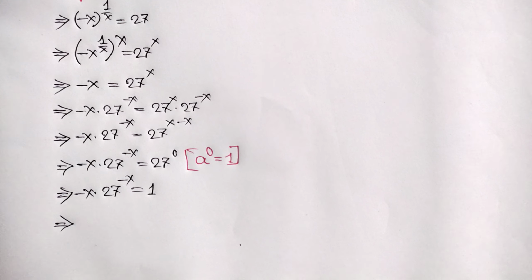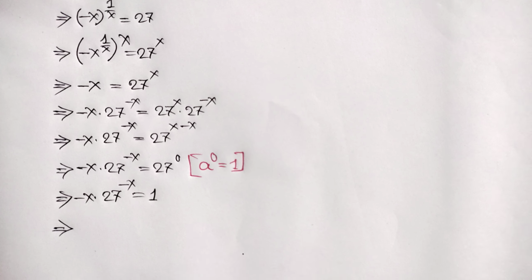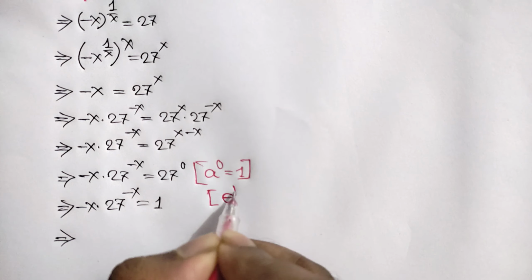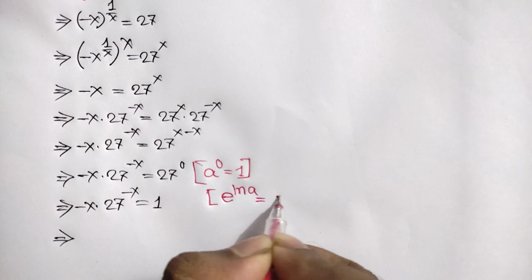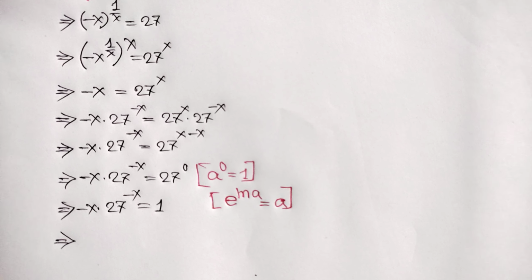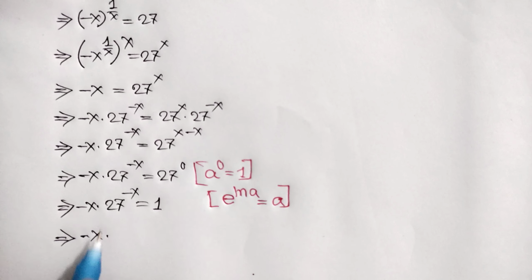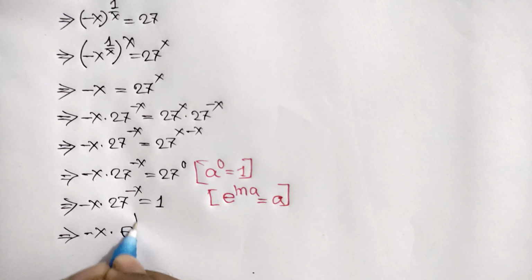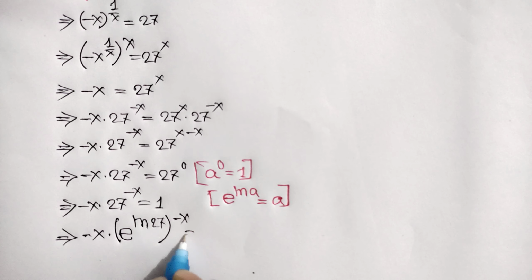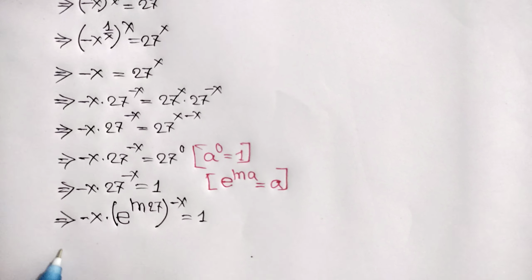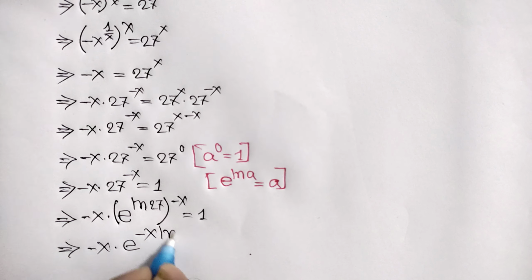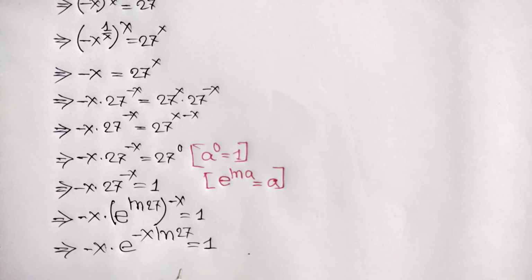We know that e to the power ln of a is equal to a. Here a is equal to 27, so 27 can be written as e to the power ln of 27. So negative x times (e to the power ln of 27) to the power negative x is equal to 1, or negative x times e to the power negative x ln of 27 is equal to 1.